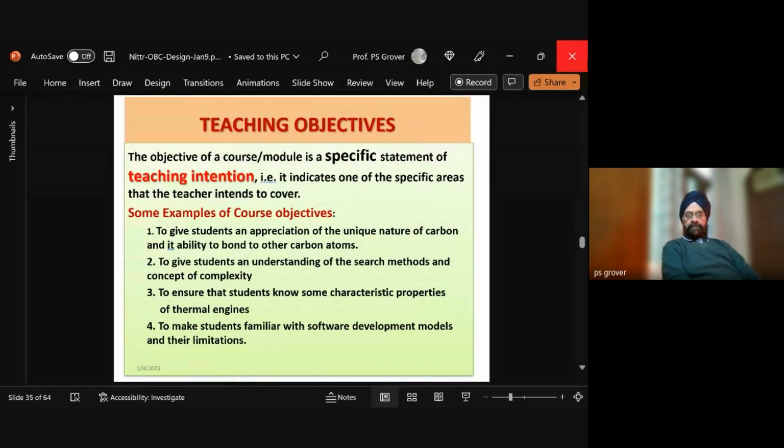When I say design teaching objectives, I repeat again, a syllabus is never a curriculum. Curriculum has instructional teaching methods. The objective of a course is a specific statement of teaching intention. That is, it indicates one specific area that a teacher intends to cover, right?